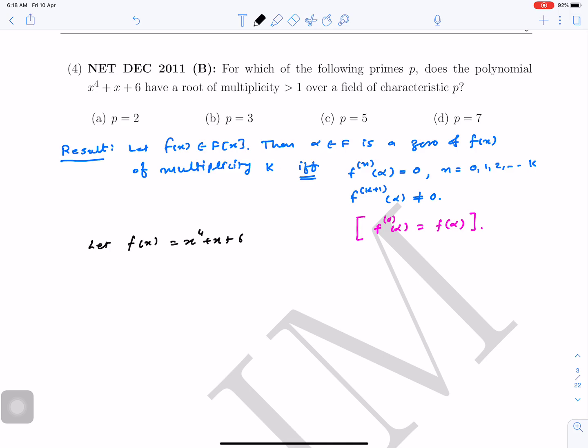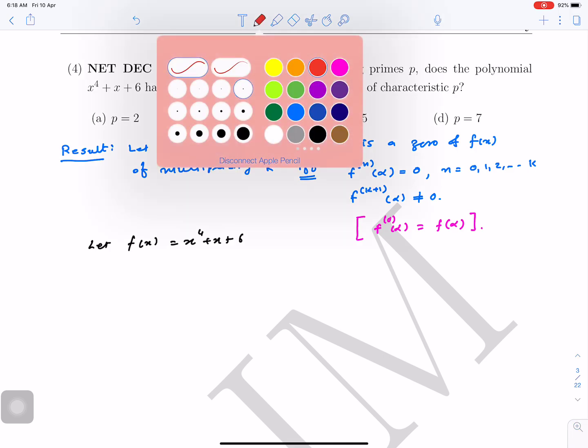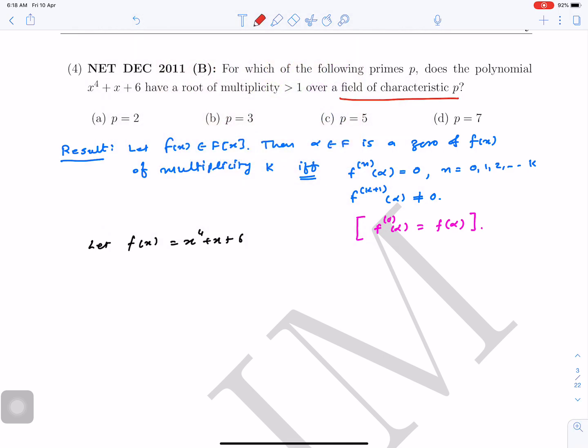And the field of characteristic p is only the field Z_p. So you consider f(x) belonging to Z_p[x], where p is prime. Then the characteristic of Z_p is p.